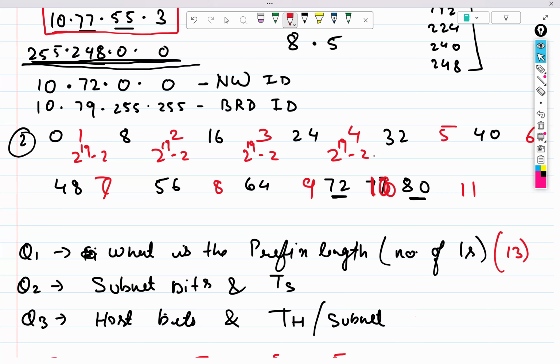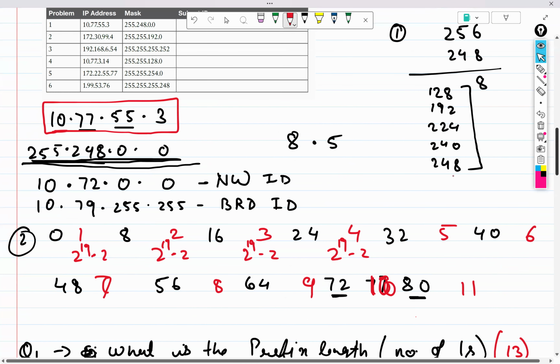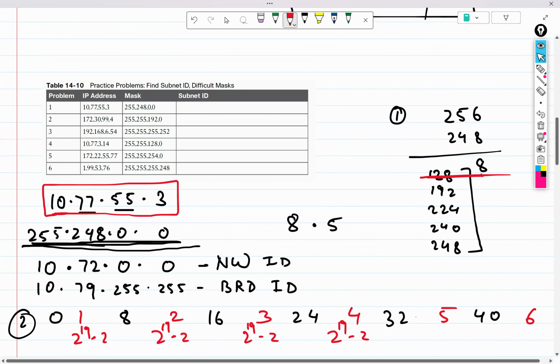Okay, so like this, you need to calculate the number of hosts, number of host bits, number of subnet bits, and with just one single calculation, finding out the multiples, we did so many things. We found out how many subnets are there, where each subnet is starting, where it is ending.